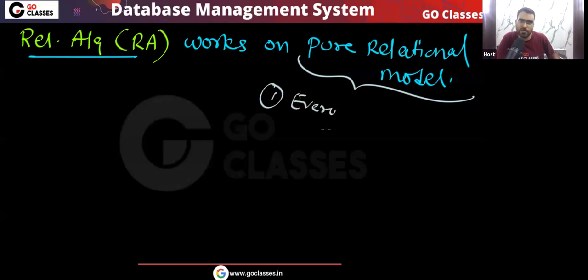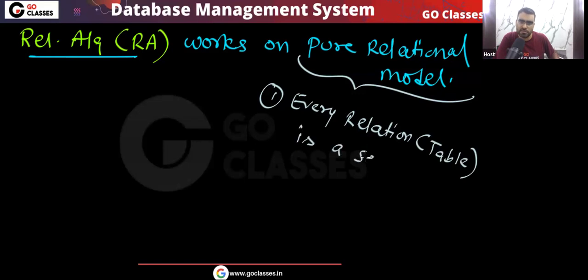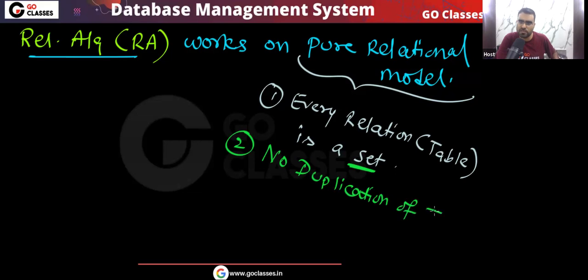Every table, every relation, is a set. When I say set, what does it mean? It simply means no duplication of tuples. Two tuples cannot be exactly the same.